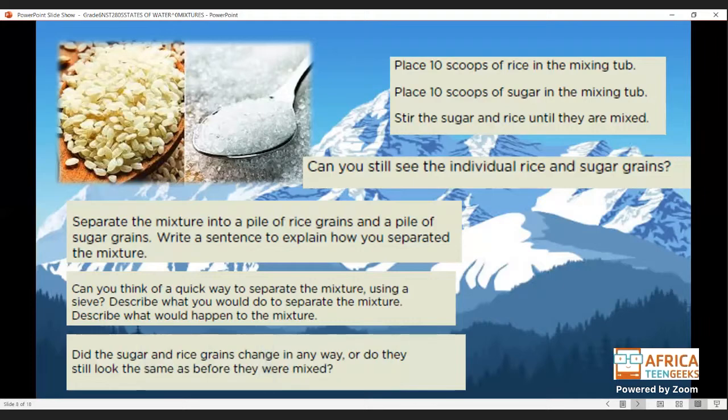Okay, did the sugar and rice grains change in any way when you mix them, or do they look the same once they were mixed as before they were mixed?